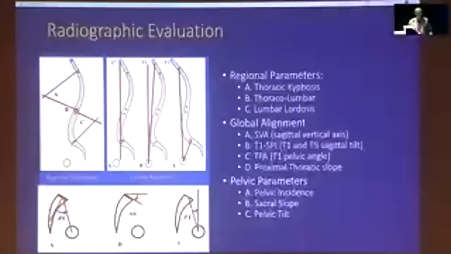For pelvic incidence, we are looking at the pelvis itself, and it's very, very important. Pelvic incidence: you take the head of the femur and go to the middle of the sacral endplate, and you join a line that goes perpendicular. So pelvis is what you're looking at.